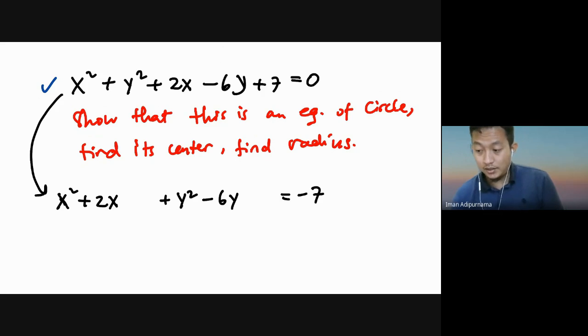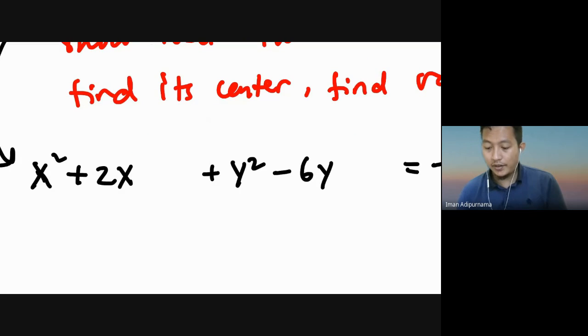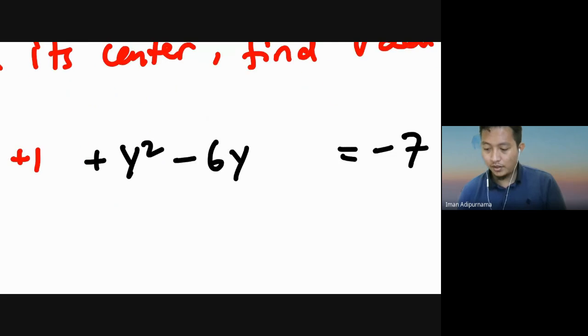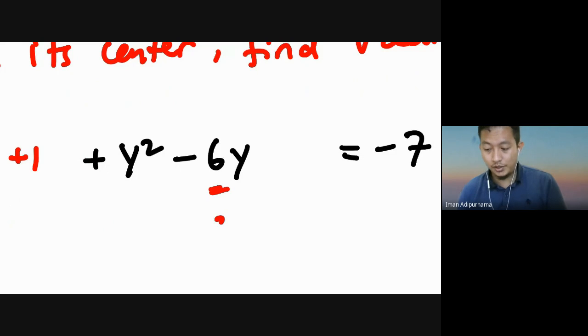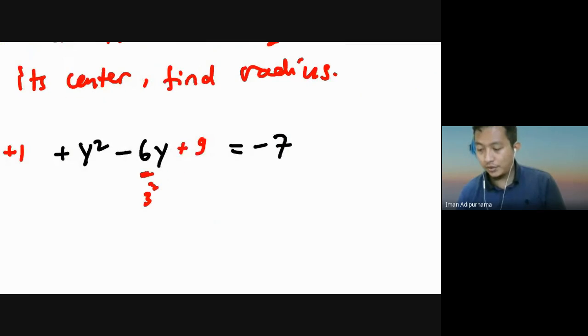The idea is, remember, to complete the square. This is 2, divide by 2, you have 1, and squared, so plus 1. This is 6, divide by 2 is 3, squared is plus 9. So you plus 1 and plus 9, so you need to plus 10 on the other side.